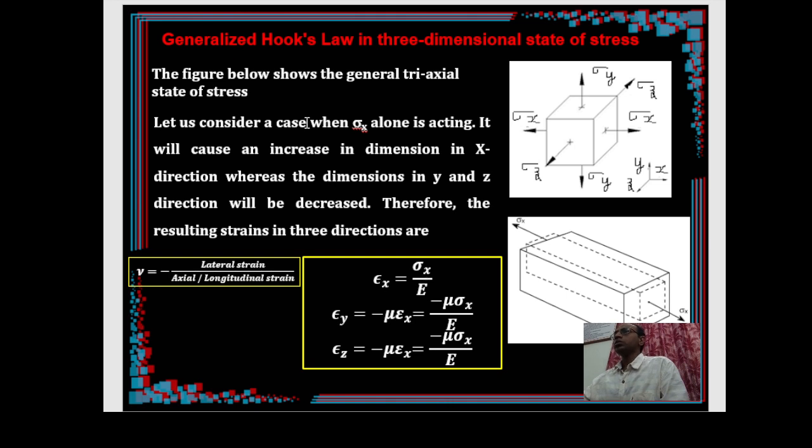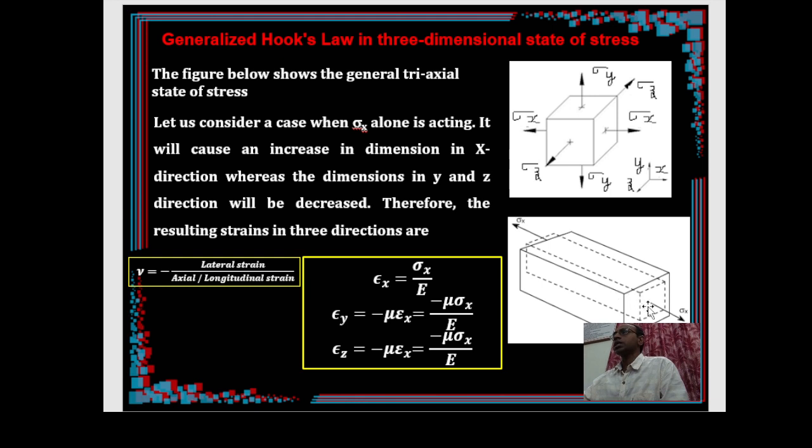Now we also studied in the previous class about the Poisson effect, or Poisson's ratio, right? The Poisson ratio relates both lateral and longitudinal strain. When the stress is acting in this direction, it becomes the longitudinal direction. The other two, namely the width and depth directions, become your lateral directions.